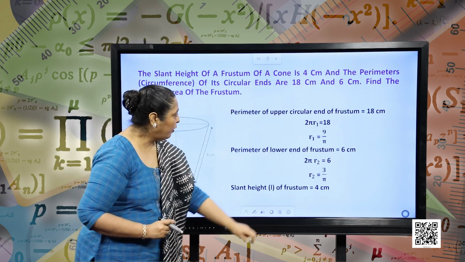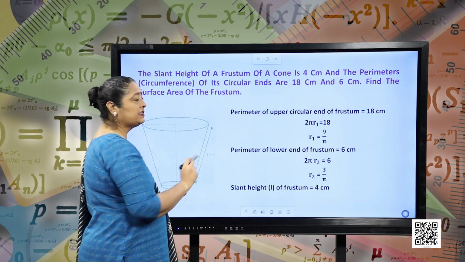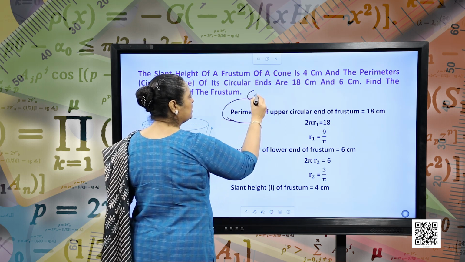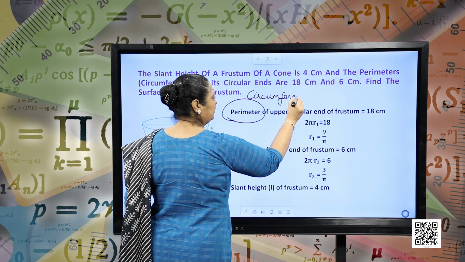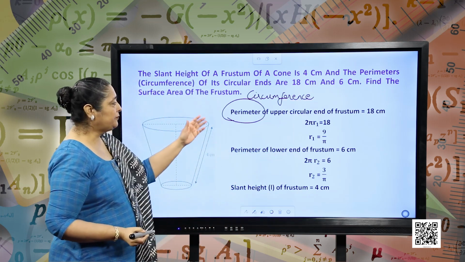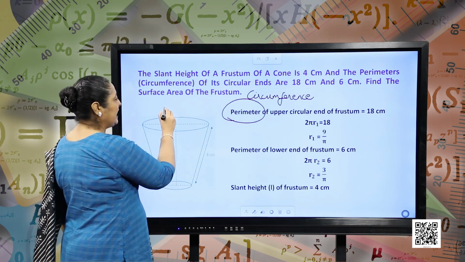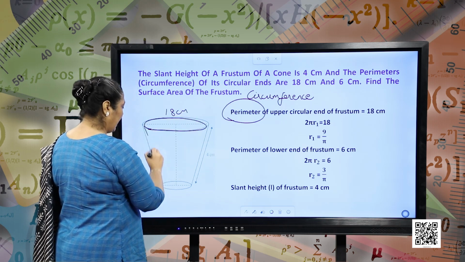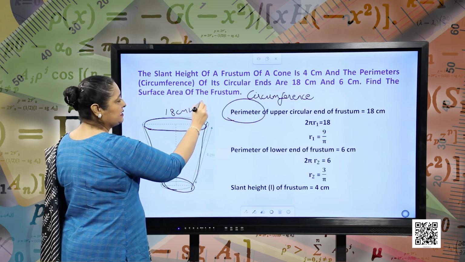So, let us move forward and substitute the formulas. Perimeter of the upper circular end. What do you mean by perimeter? Perimeter is the circumference. The circumference of the upper circular end of the frustum is 18 centimeter. This is the frustum, right? And the upper end circumference is 18 centimeter.